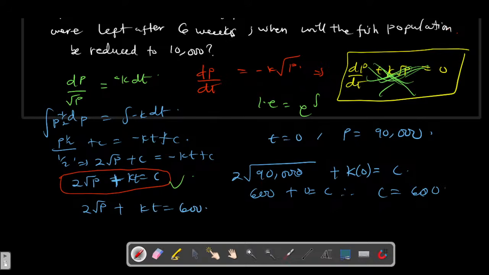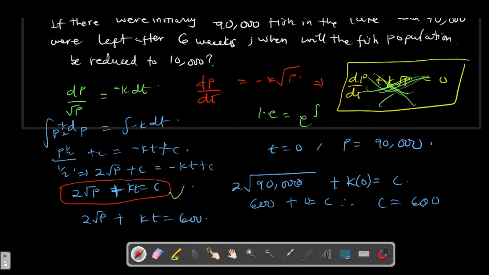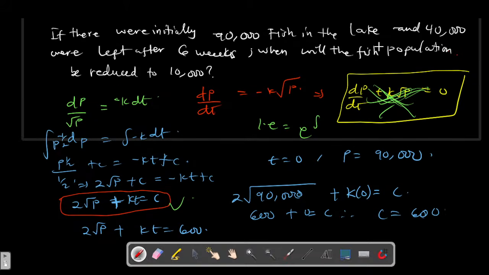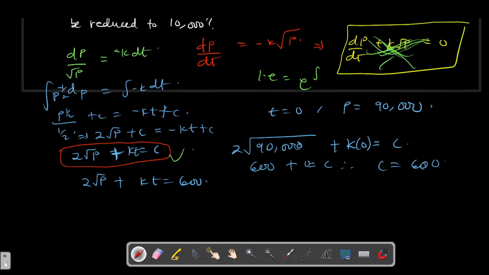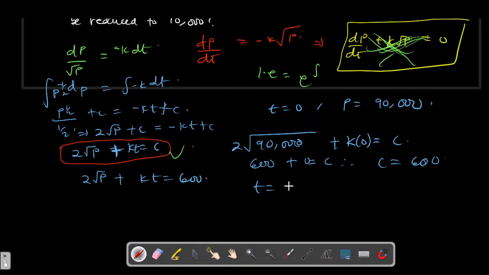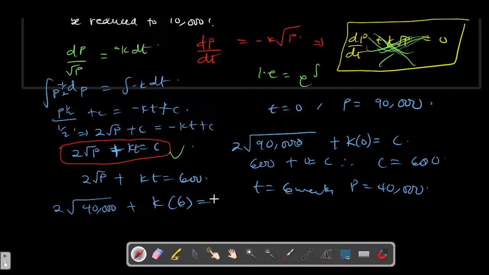So our equation is 2 root p plus kt is equal to 600. Another condition says that the population of the fish became 40,000 after 6 weeks. So time equals 6 weeks, p is equal to 40,000. We can use that to find our k. So 2 root 40,000 plus k times 6 is equal to 600.